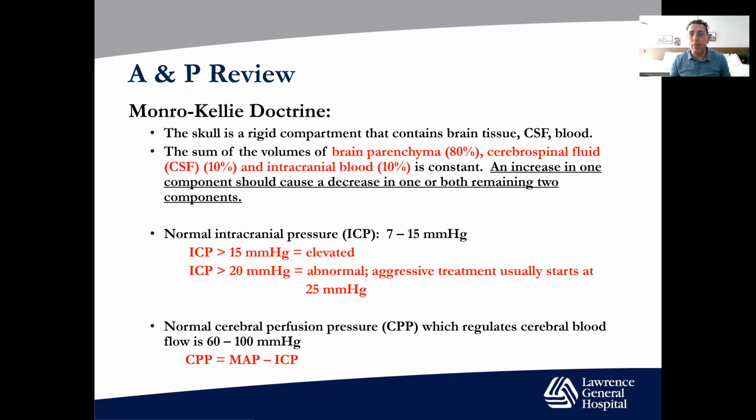The net result is the cerebral perfusion pressure. The equation is very simple: it's MAP, the blood pressure coming up, minus the ICP. This is an important number to keep in mind. A normal CPP is approximately 60 to 100.